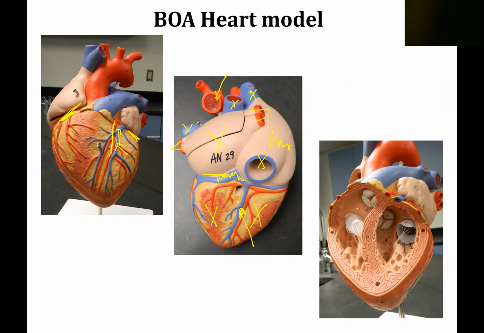Internally, you can see the right atrium and that superior vena cava, the tricuspid valve, tendinous cords, papillary muscles.